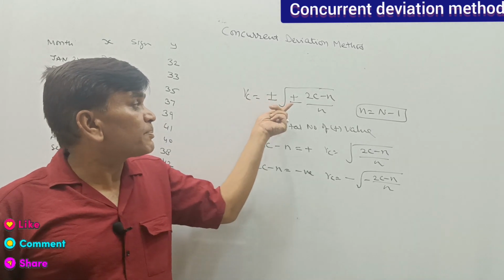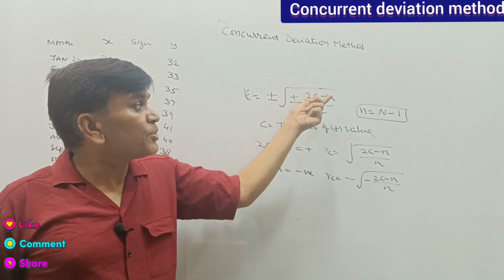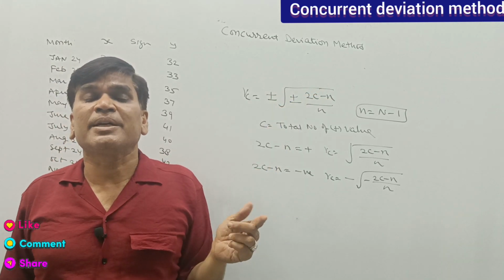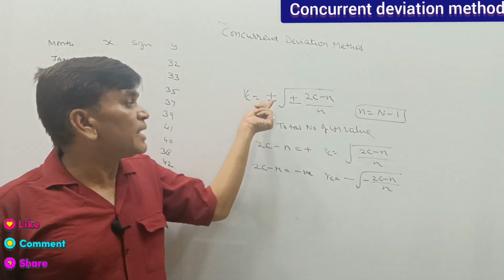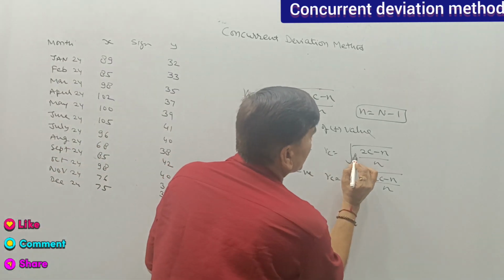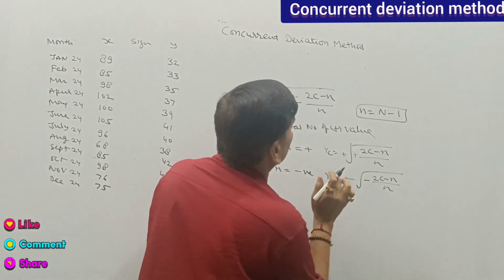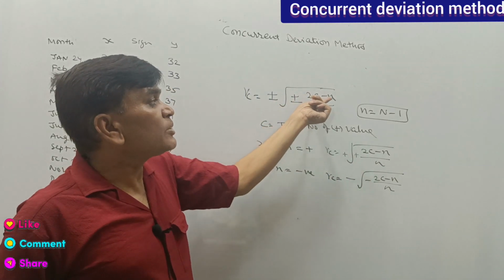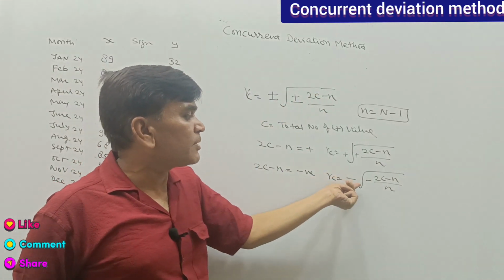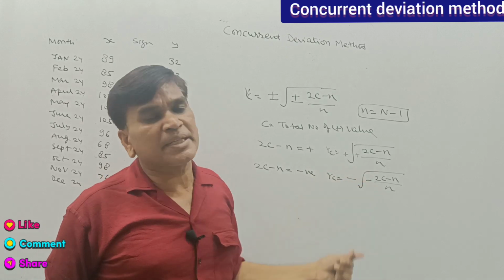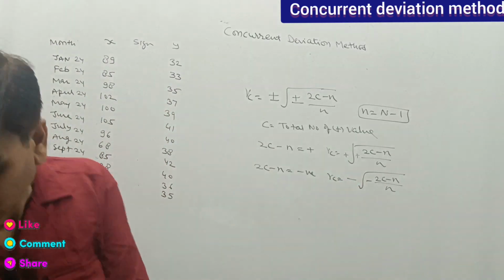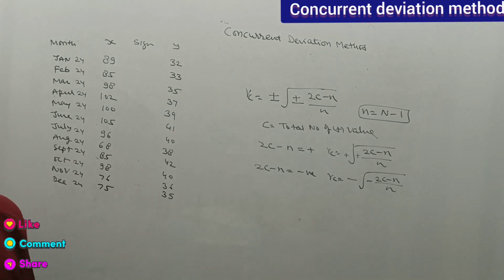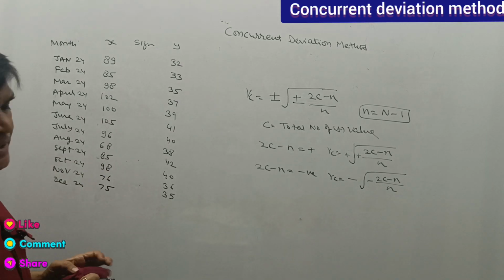So we keep the sign according to the value of 2c minus n. If it is positive, we keep both positive; if it is negative, we keep both negative to get the correlation. It is a very simple method.